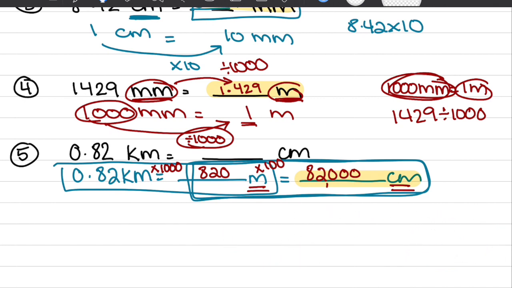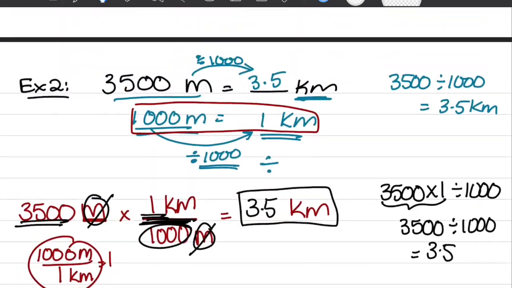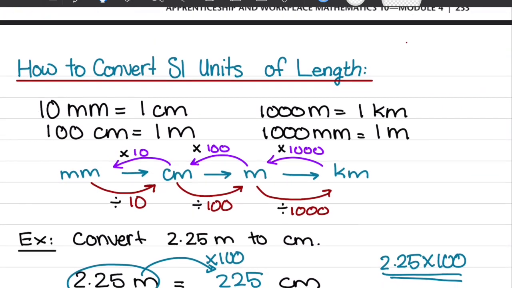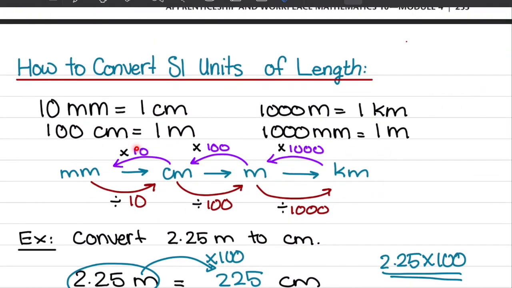So let's go back to this diagram here. We were going from kilometers to centimeters. From here to here. If you don't want to make that jump in the middle to meters, you can just multiply these two together. So 1,000 times 100 is 100,000.